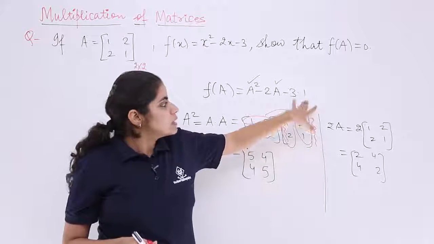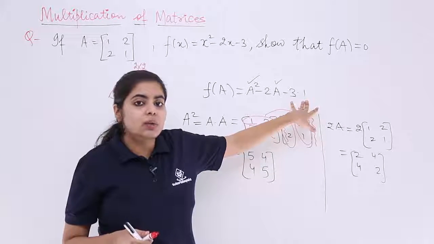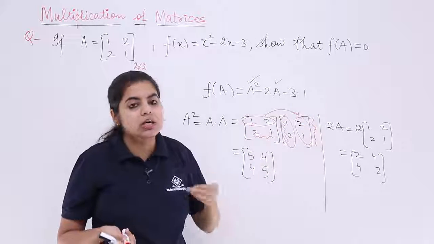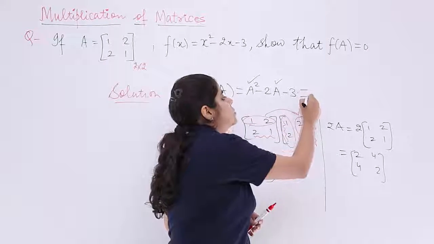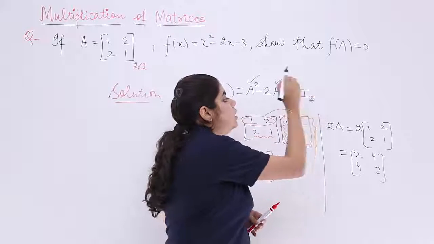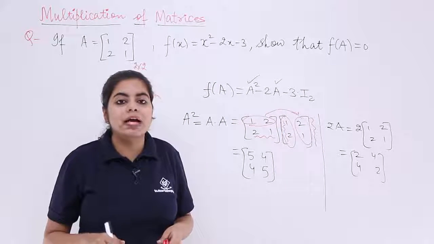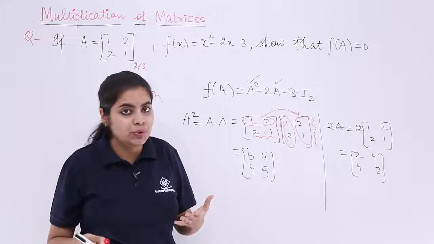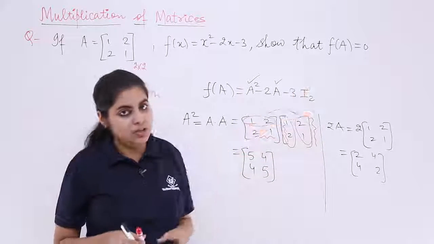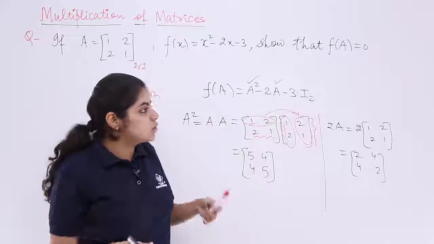Now, this 1 is again a number. I need a matrix in place of this number. So, let's make it the identity matrix I2. Why do I write I2? Because I am dealing with a square matrix of the order 2 by 2. So, it has to be I2. Now, let's see how the story changes.